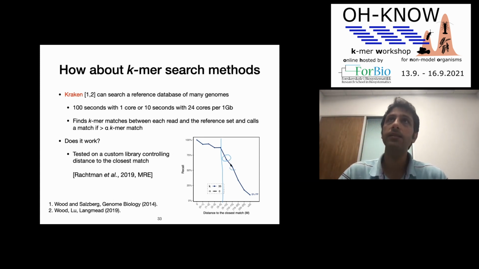But if you have contaminants that are far enough from your reference database, it's going to fail to find them very often. So it's not so good if your contaminant doesn't match the database at close distance. This should not be a surprise. You need like 5 to 10% similarity to something in the reference for it to work.